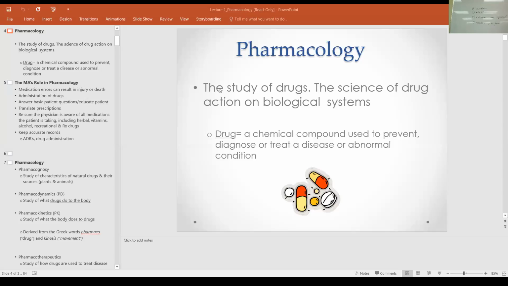The issue of tolerance. Tolerance is real. Tolerance is when the body doesn't respond to a drug as well as it did. Why does that happen? Well, there's lots of theories. One of them could very easily be that we have mechanisms for getting rid of drugs because they're foreign substances.